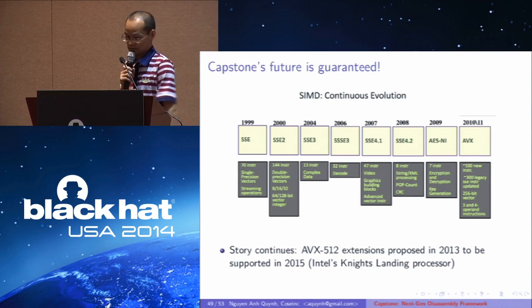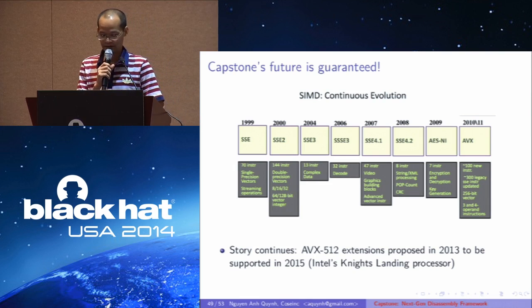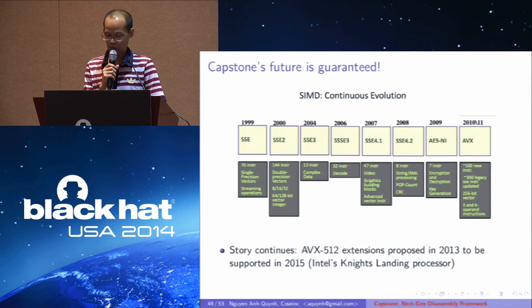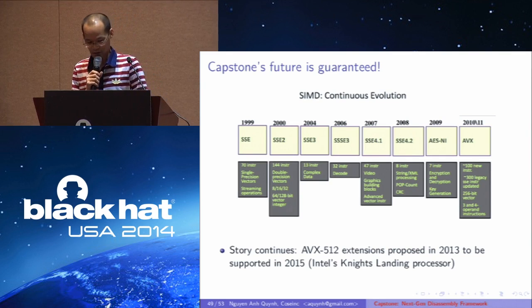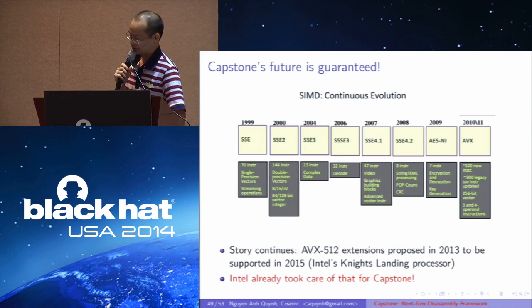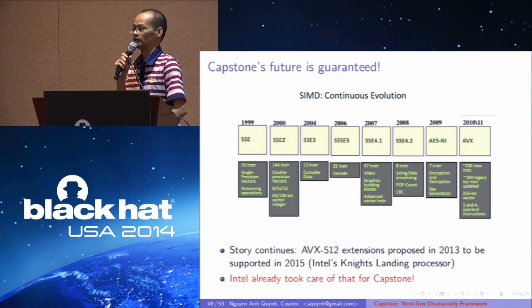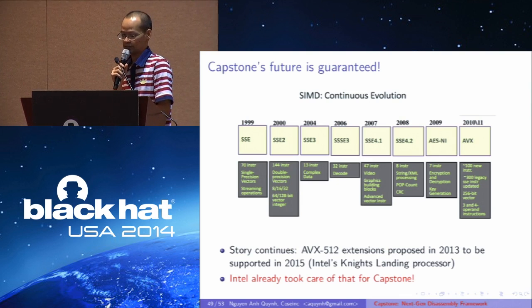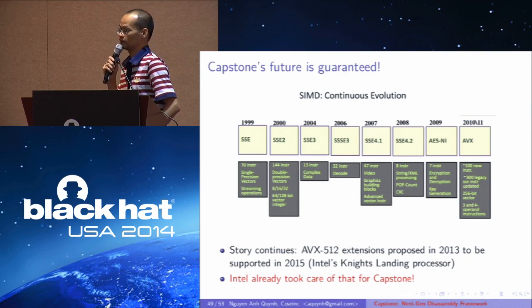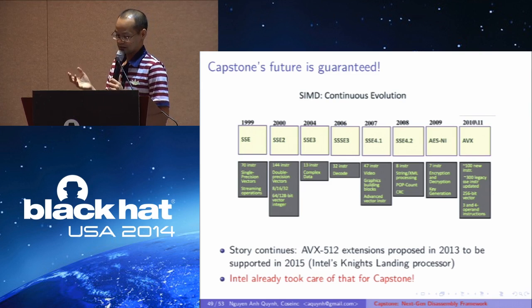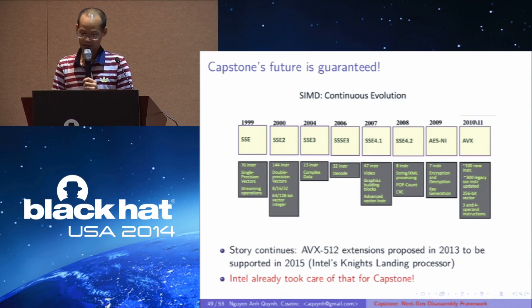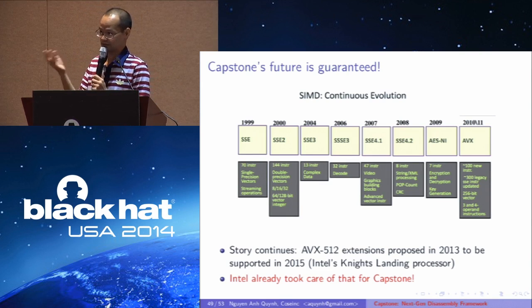And it doesn't stop here, because next year Intel will add one new instruction set named AVX-512, which will be out in some real hardware next year. But Intel already took care of that. Intel already supported AVX-512 in LLVM, and as a result, Capstone already has that. So you can see that the future of Capstone is guaranteed.